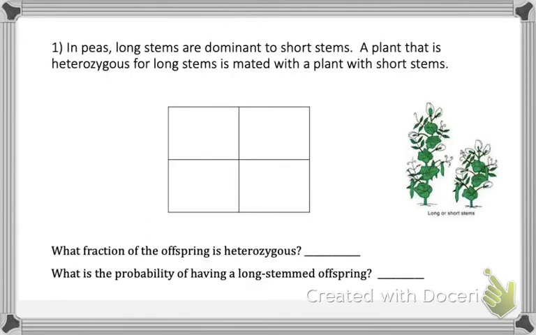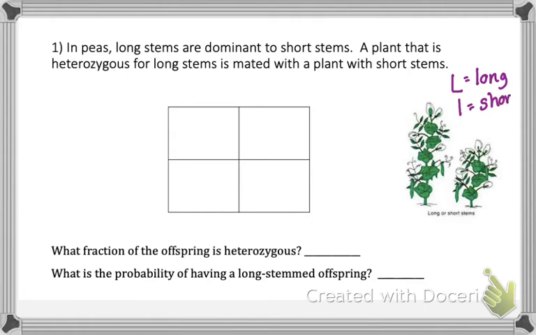So let's do this one together. In peas, long stems are dominant to short stems. A plant that is heterozygous for long stems is mated with a plant with short stems. All right, let's pause here. We need to figure out a letter. So why don't we do big L for long and little l for short.